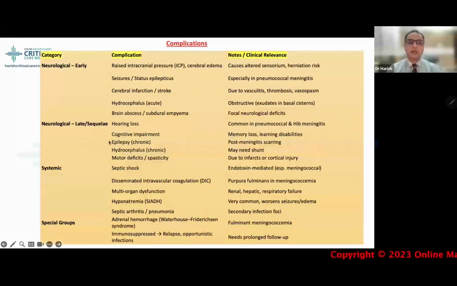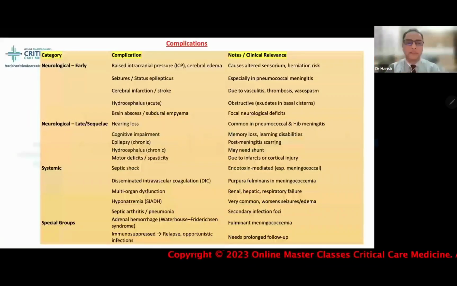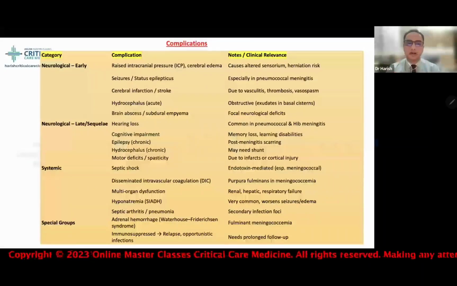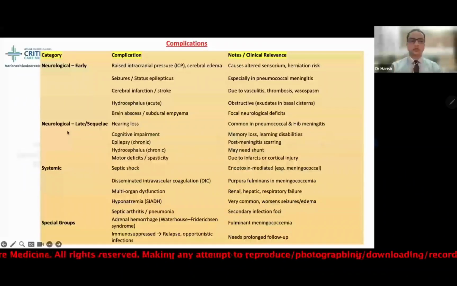Late sequelae, over weeks to months and years: they can have hearing loss, cognitive impairment, epilepsy, chronic seizure disorder, chronic hydrocephalus, motor deficit, and spasticity. Systemic complications include meningitis with septic shock.